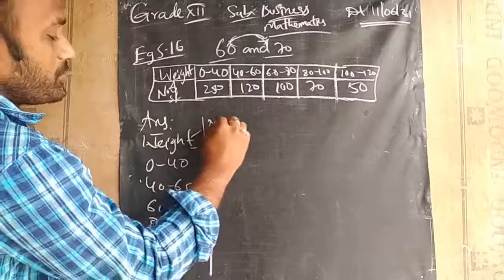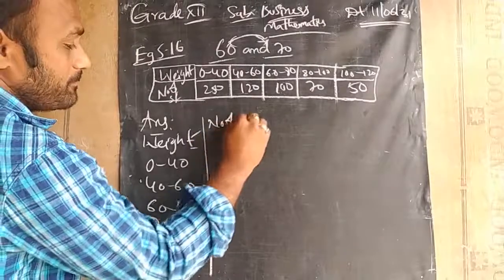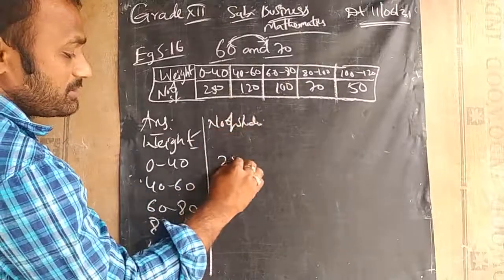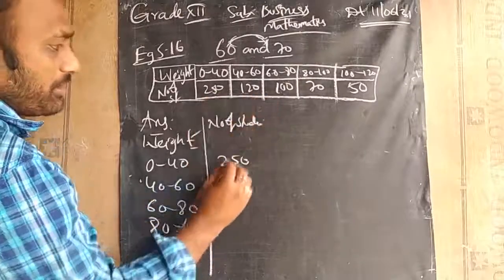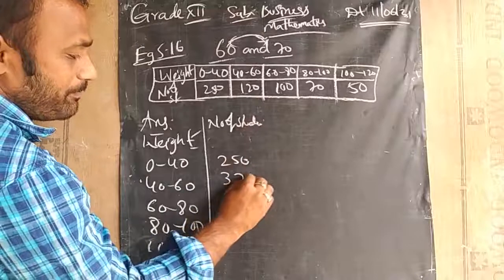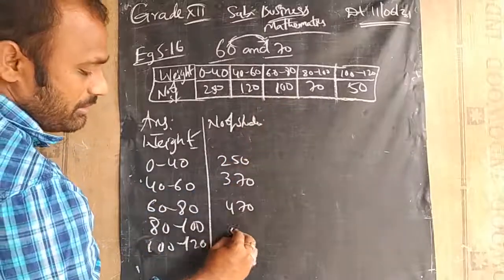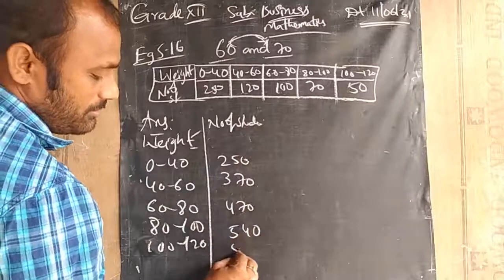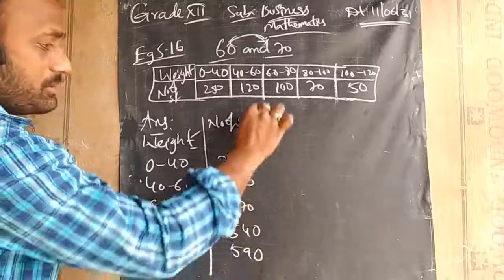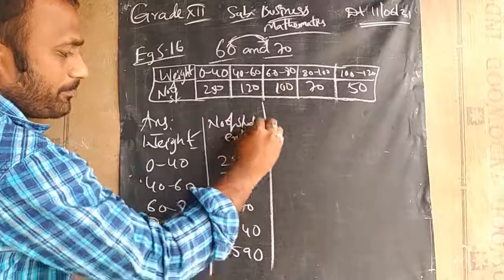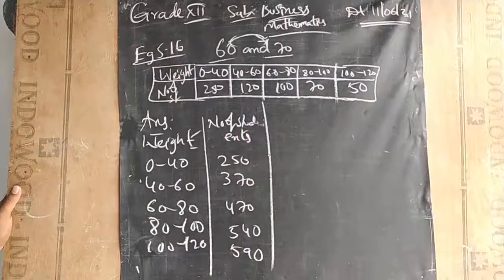Next, number of students. 250 first, 250 plus 120, it will be 370. 370 plus 100 is 470. 470 plus 70 is 540. 540 plus 50 is 590. So these are the number of students.